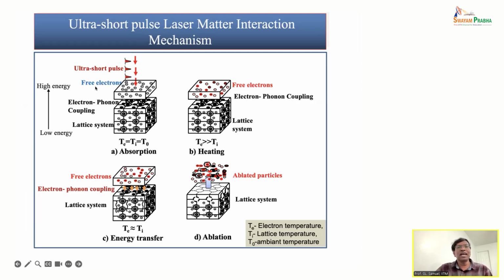Where we have free electrons and then we have the lattice. I hope you have heard these terms in your physics. So lattice system, free electrons, and then there is what is called electron phonon coupling. That will be holding all these things together.